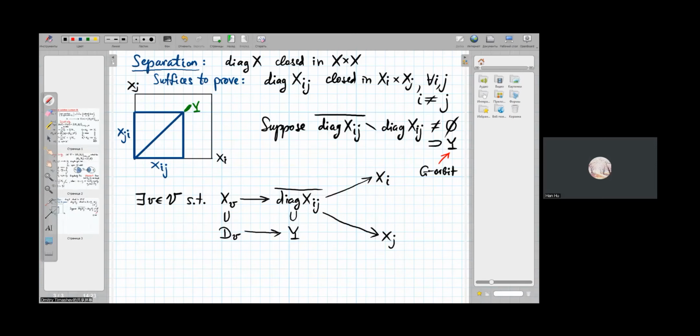Under these projections, the orbit Y maps to some orbits, say Yi here, and Yj here. Again, I try to draw these orbits. So Yi is something here, the projection of Y. And Yj is something here.